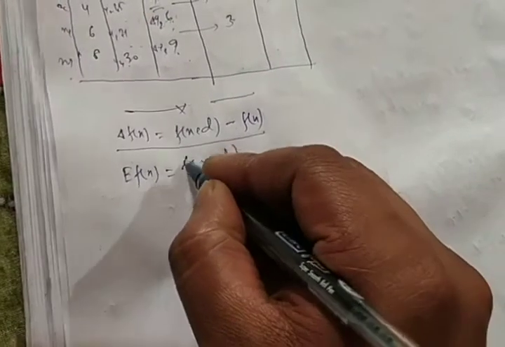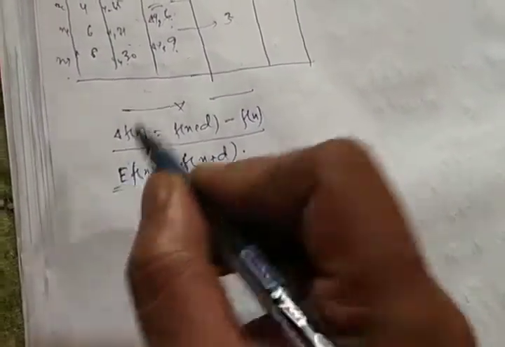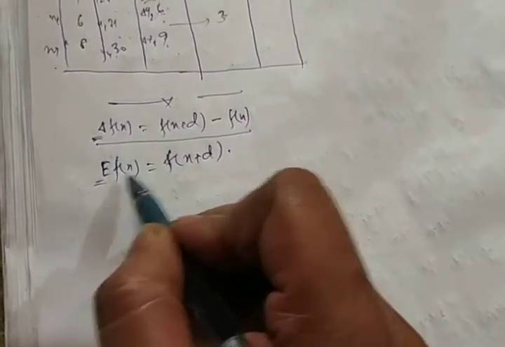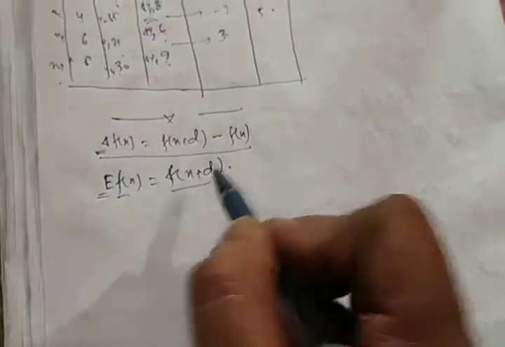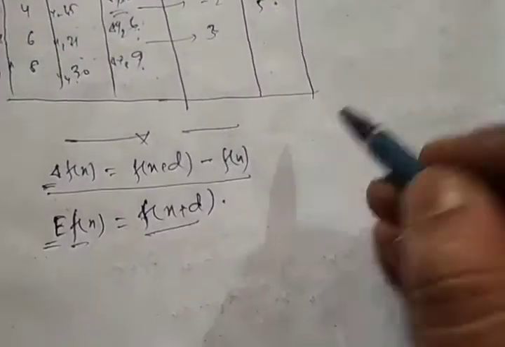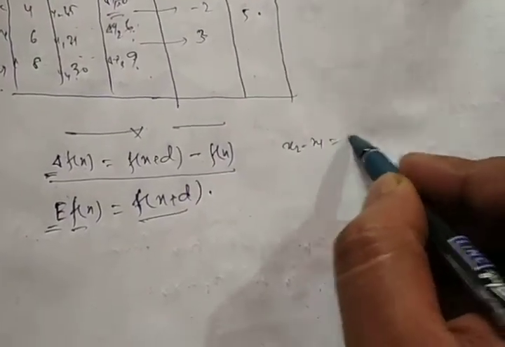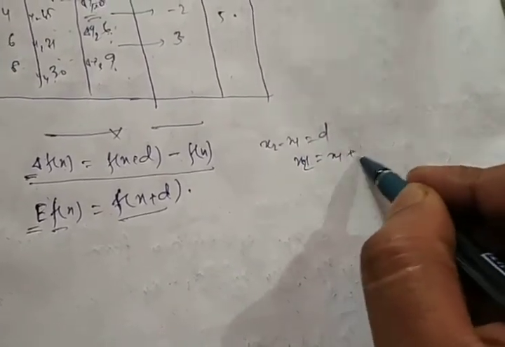Whenever we use the E operator, this is the shifting operator, and delta is the difference operator. So E of f x means the value of the function at the next value. As we know, x2 minus x1 equals d, so x2 equals x1 plus d.